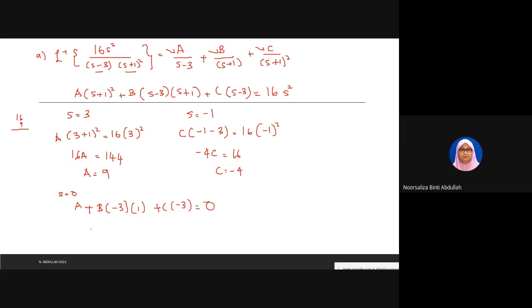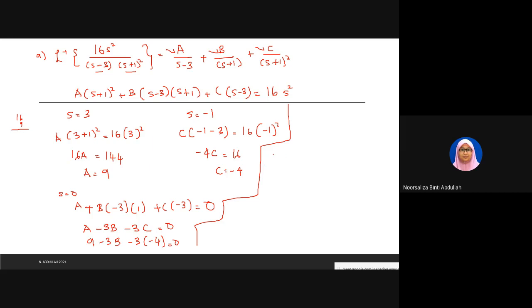Okay, and then A minus 3B minus 3C equals 0. Then A is 9 minus 3B minus 3 times minus 4 equals 0.